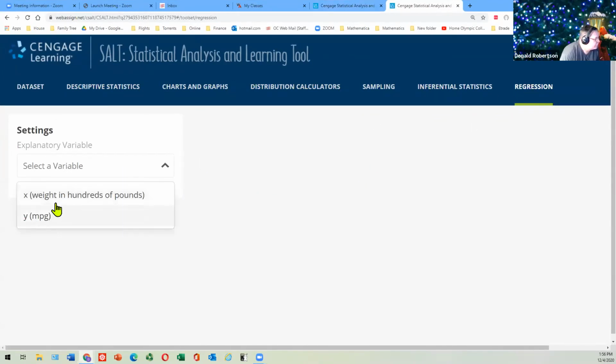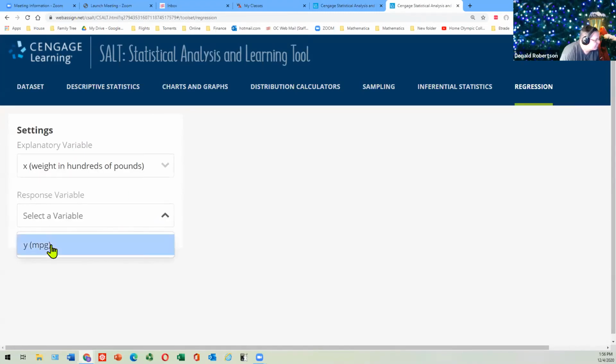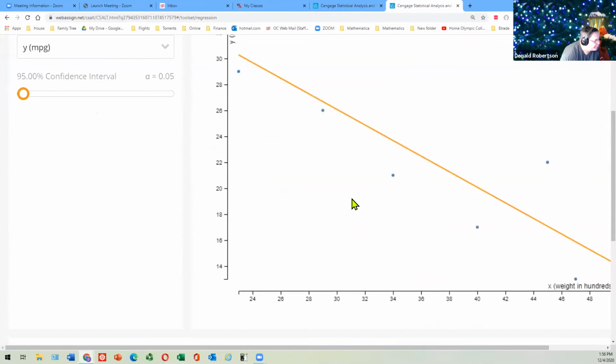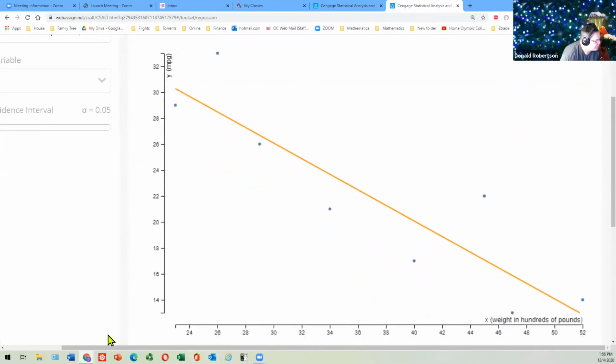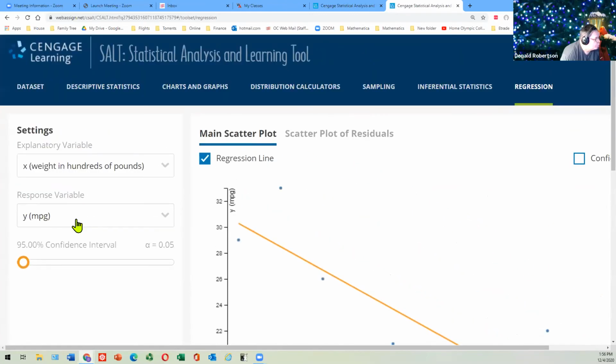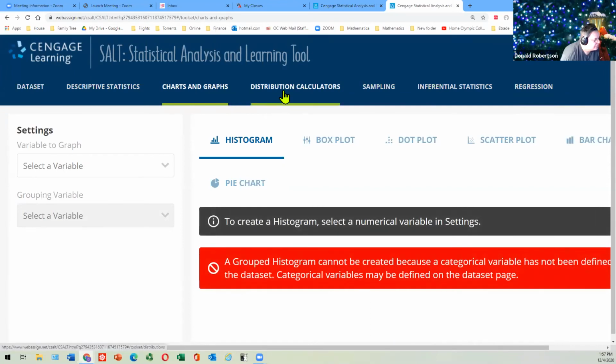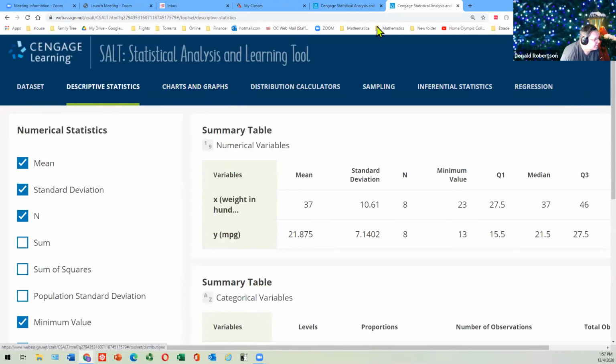I should be able to go X and Y. Okay. Oh, it might be somewhere else. No. No. I should have checked this before the class comes.